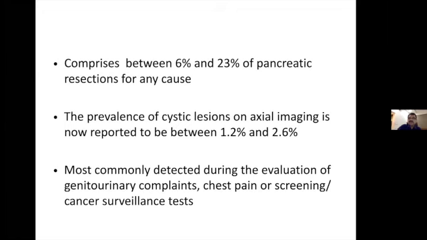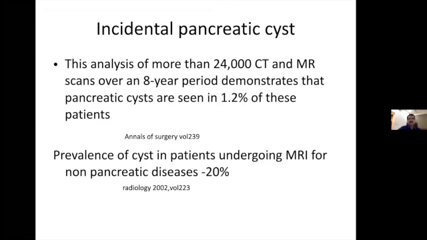And if you do serial or axial imaging, as already mentioned, there will be around 1.2 to 2.6% incidence of cystic lesions. And the majority of these are detected while you investigate for genitourinary complaint, chest pain, or screening for cancer surveillance tests, etc. So there were many studies describing the incidence of pancreatic cysts.